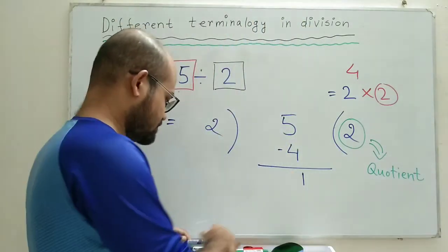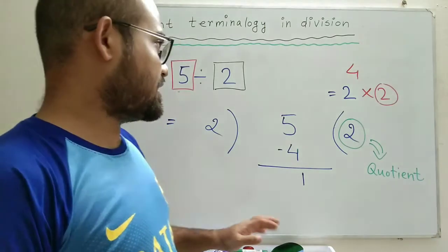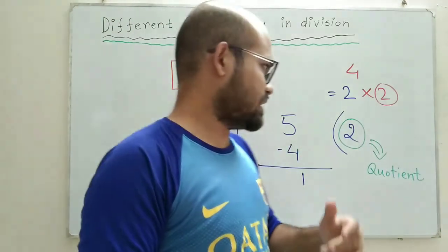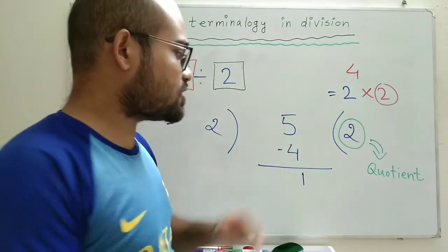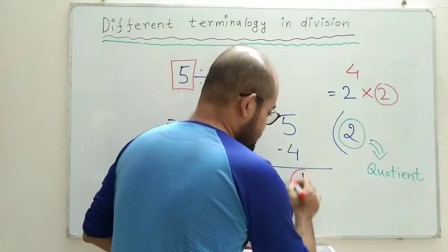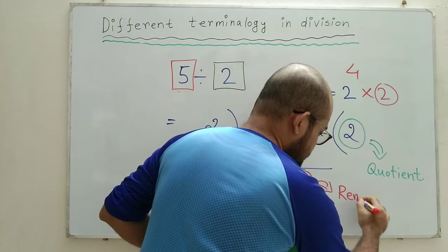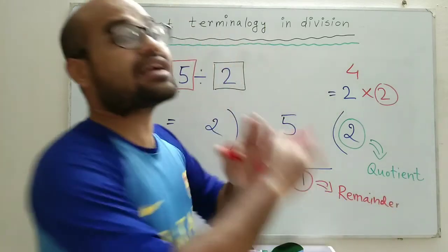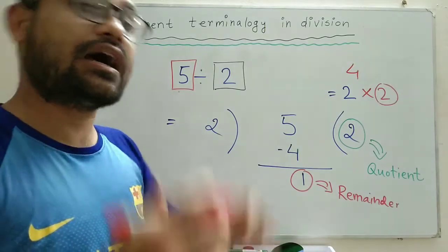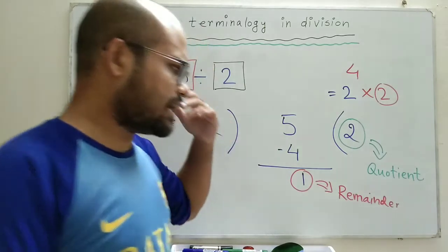Now this 1, or numbers such as 1, also have a special name. They are not called terminator as many of you might have guessed. They are actually called remainder. Why? Because this thing remains undivided at the end of our division process.